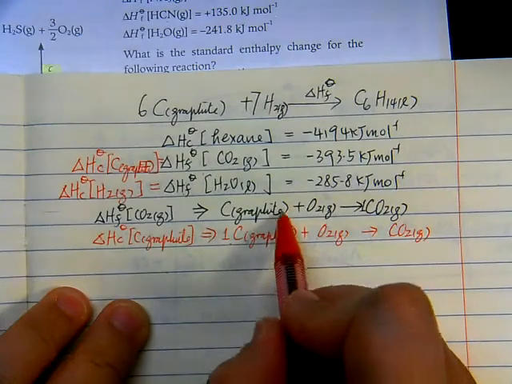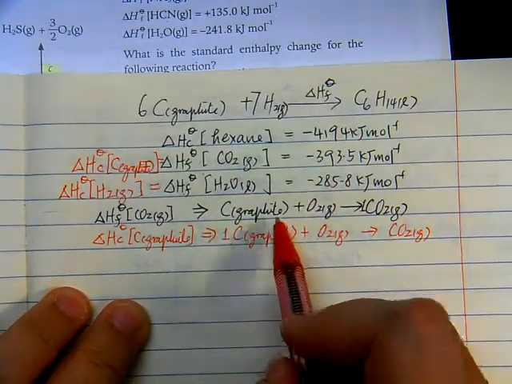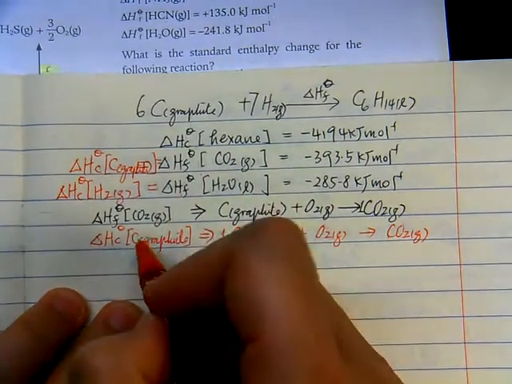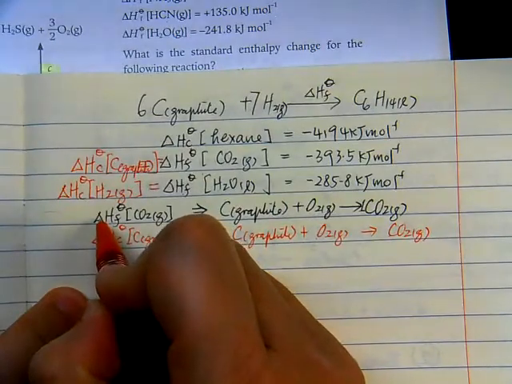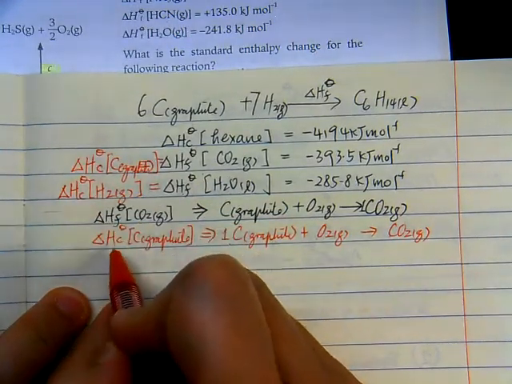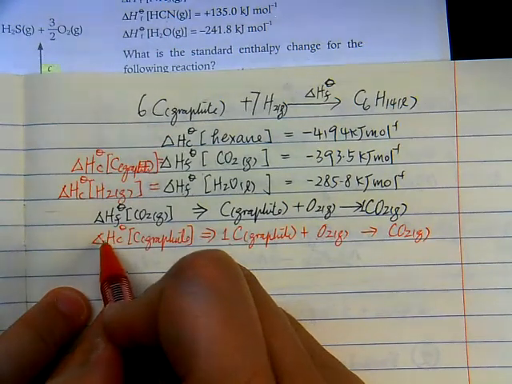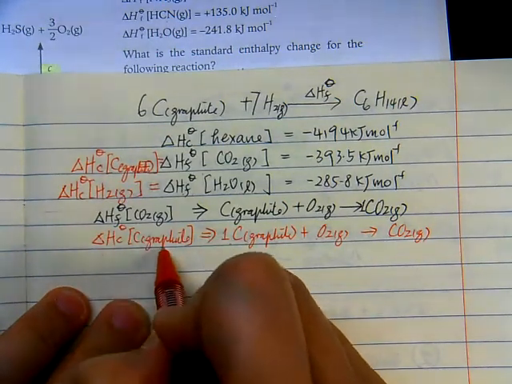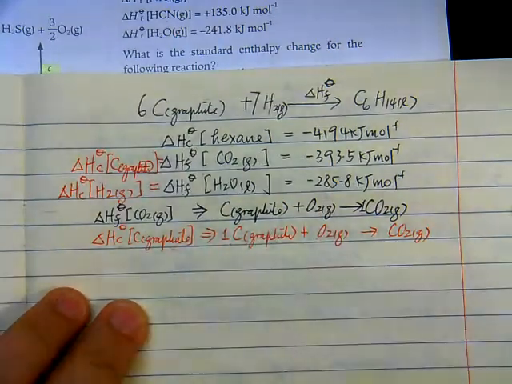Now let's compare these two. They are the same. Can you see that? In other words, heat of formation of carbon dioxide is exactly equal to the standard heat of combustion of graphite. Do you understand?